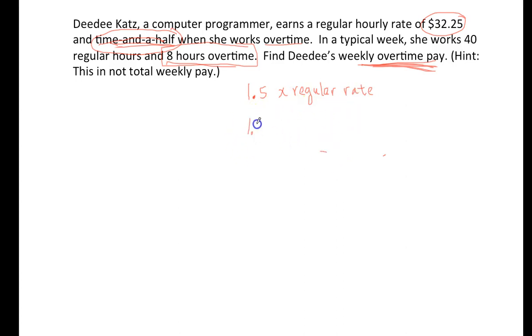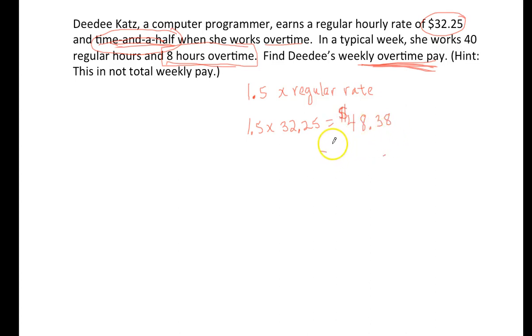So we take 1.5 times $32.25. That will tell us what she gets paid for these overtime hours for each hour. We still haven't found the final answer, but we're on our way there. So if we multiply that, we find that she gets paid $48.38 about. Again, we rounded up to the nearest cent.